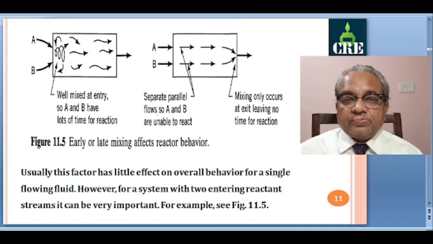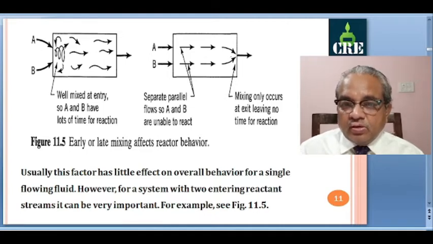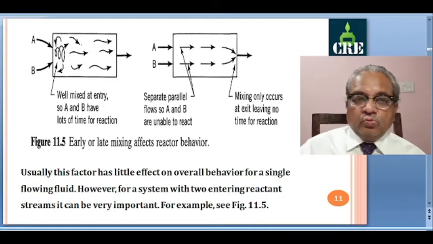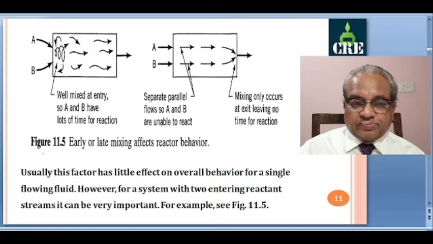In the other case, A and B are separate parallel flows, so A and B are not mixed together and therefore unable to react, and mixing only occurs when they leave, because only a single exit point is there. Mixing only occurs at the exit, leaving no time for the reaction. So this we will prefer.